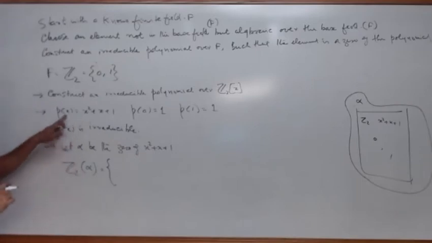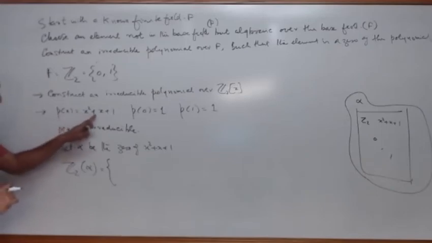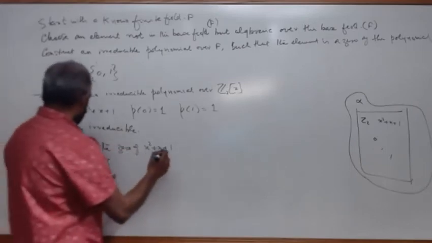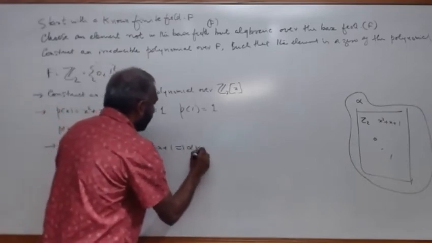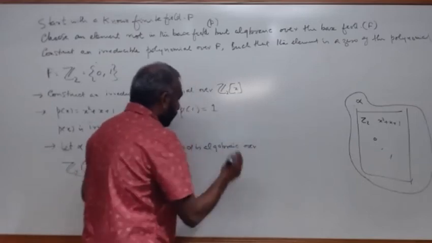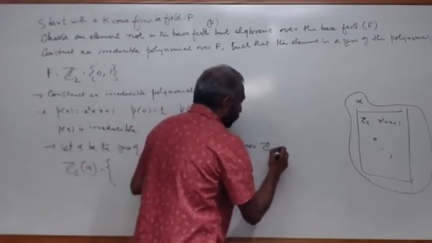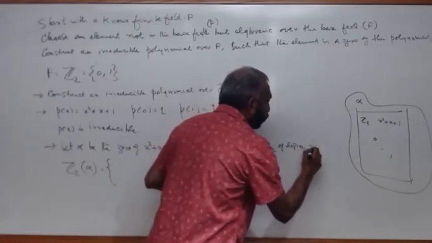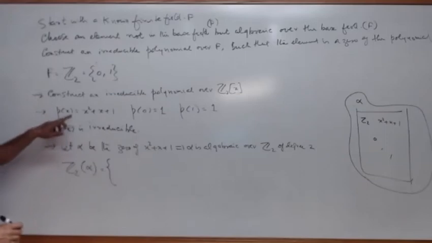Because P(x) is an irreducible polynomial and alpha is a 0 of this, alpha is algebraic over Z2. That implies alpha is algebraic over Z2 of degree 2, because the degree of this polynomial is 2.